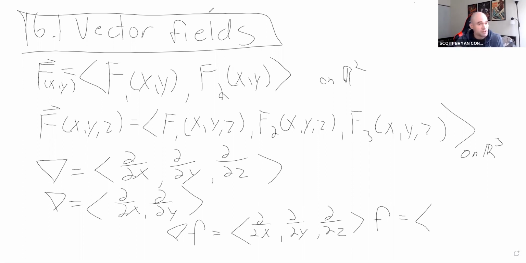Multiplication of a function by d/dx is df/dx, and so on. So that's the partial of f with respect to x, with respect to y, with respect to z, which is, of course, the gradient, which we've already seen. But now we're going to see other things we can do with the del operator. And it's useful to think of it as a vector itself.